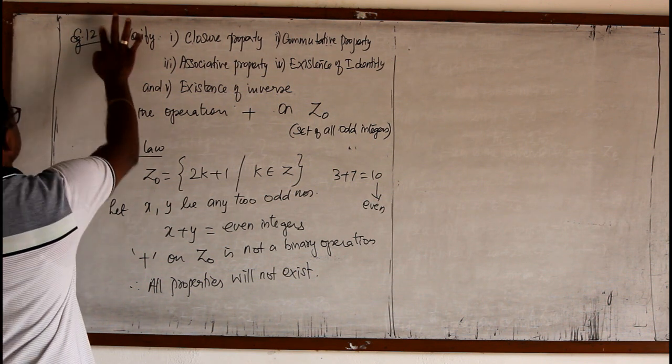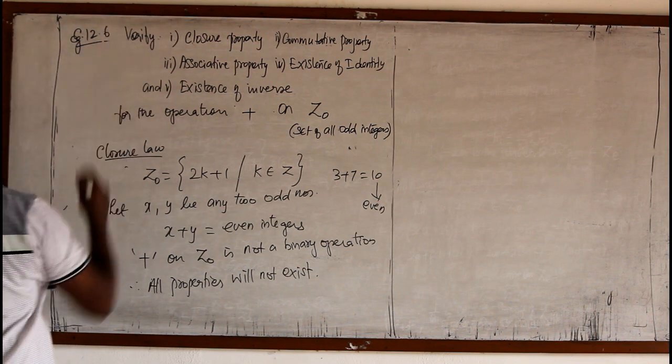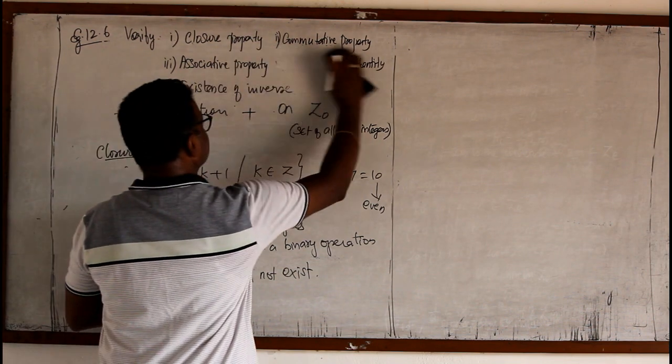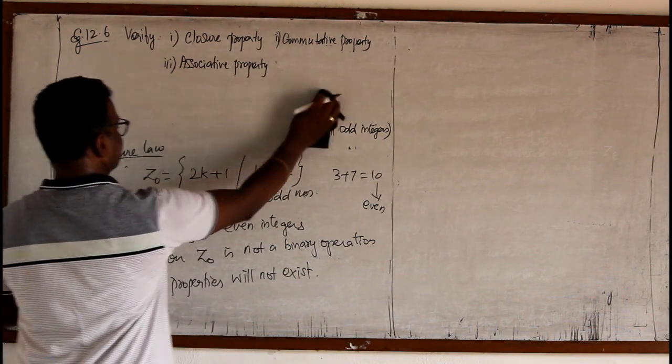Example 12.6. Verify closure property, commutative property, and associative property only. We are not at all interested in inverse and identity.